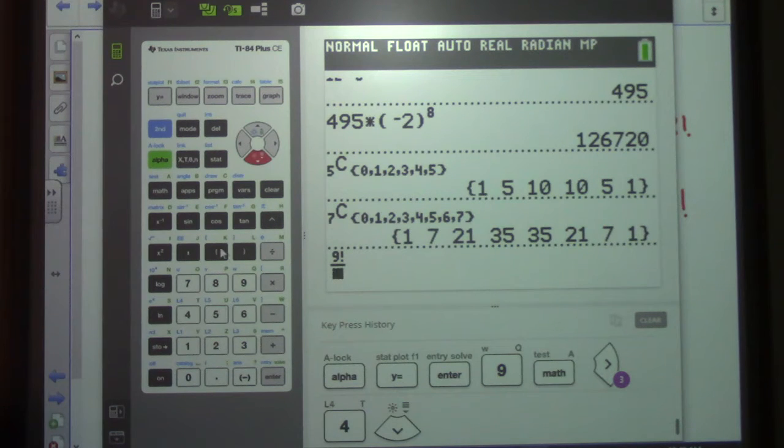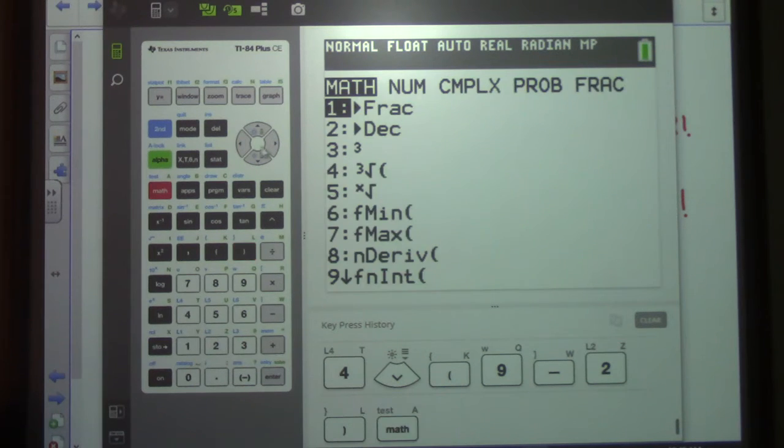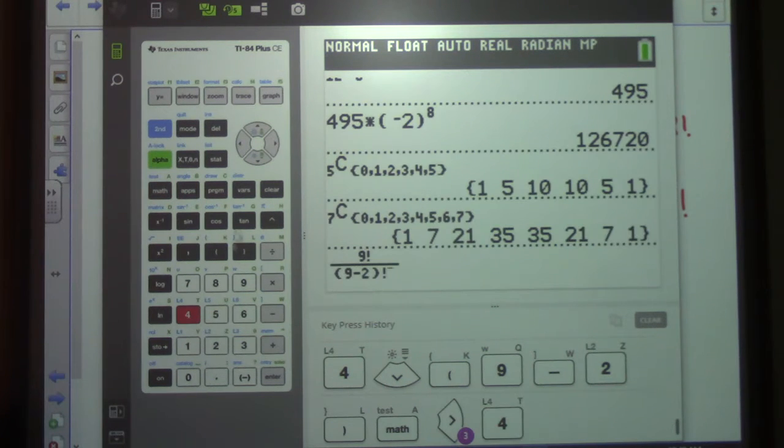And in the denominator, I'm going to put parentheses 9 minus 2, and that's going to be, of course, 7. I'm going to put the factorial now, math, 4. And then finally, in the denominator, times 2 factorial.